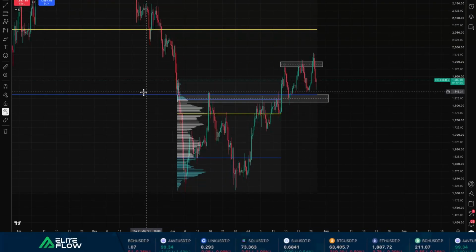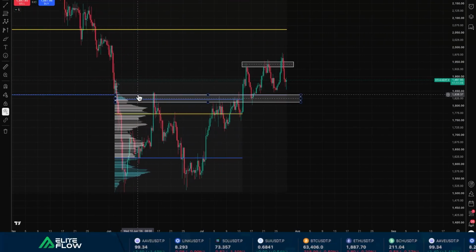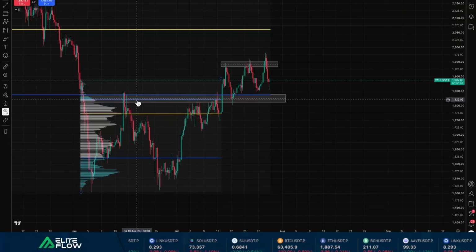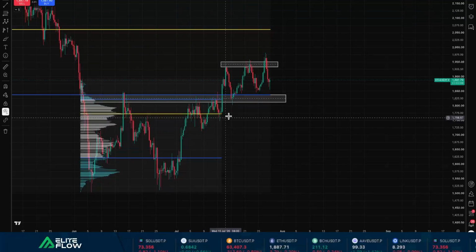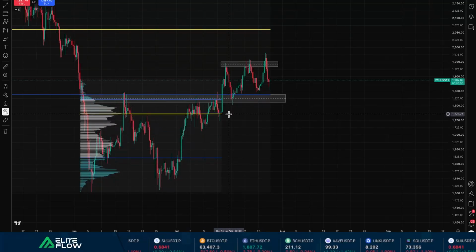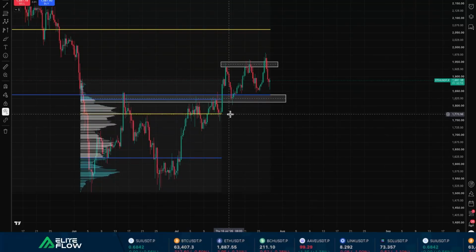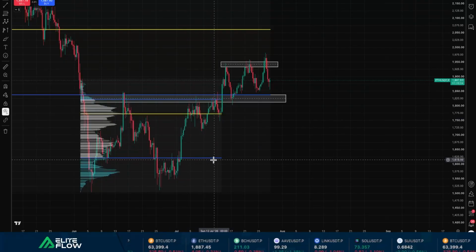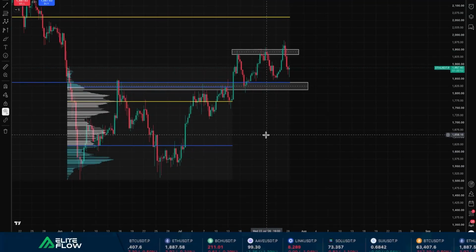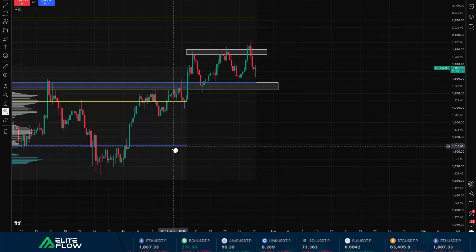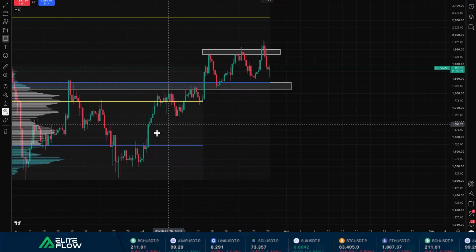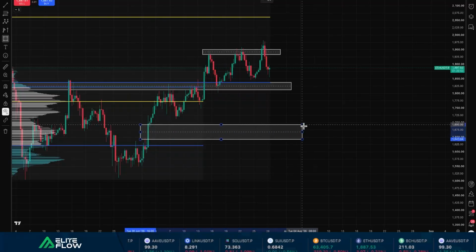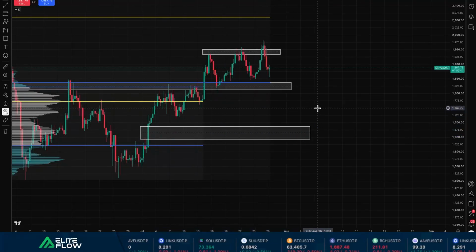Because not only would we lose the macro value area high, we would also be losing the micro, the smaller one of this range right there, which would mean the first stop would probably be 1,771, and then the second stop would be very similar case to Bitcoin, having a push down to the value area low. We've even got a fair value gap right there, which I can spot from a mile away.